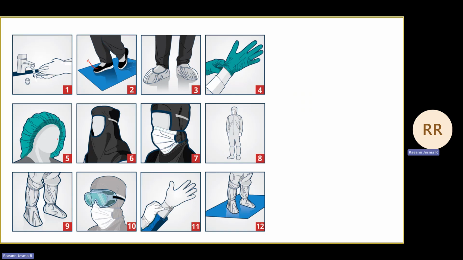This is then followed by wearing the buffet, the head cover, then your gloves, then your bunny suit, then your protective shoes over the bunny suit. Then this is followed by protective goggles and an additional layer of gloves.